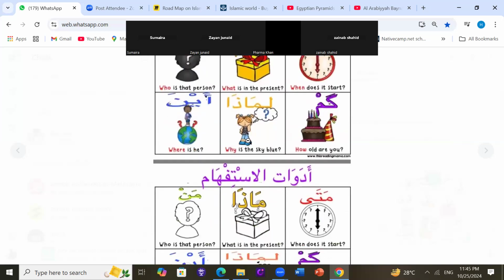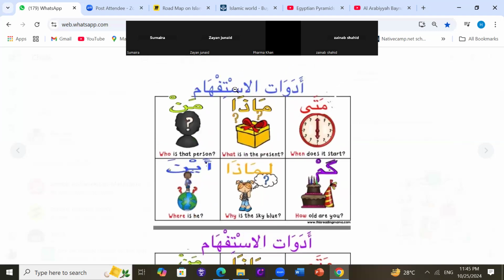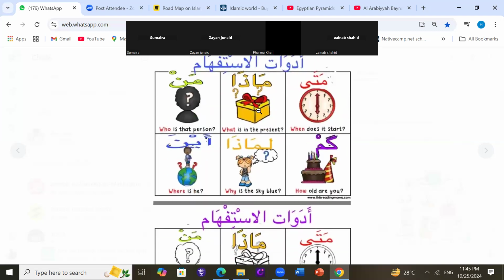Have you noticed that we use ma ismuki, ma ismuka, but here there is maza. Why are we using maza here, and why did we use only ma, not maza ismuka? For things we use maza. The major difference is that this is a tip. You can write it down in your notebook. Maza and ma both have the same meaning, what.